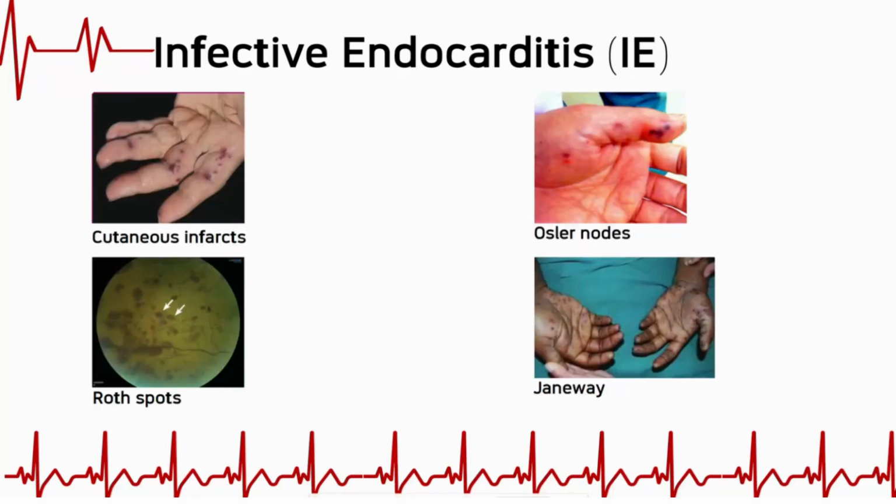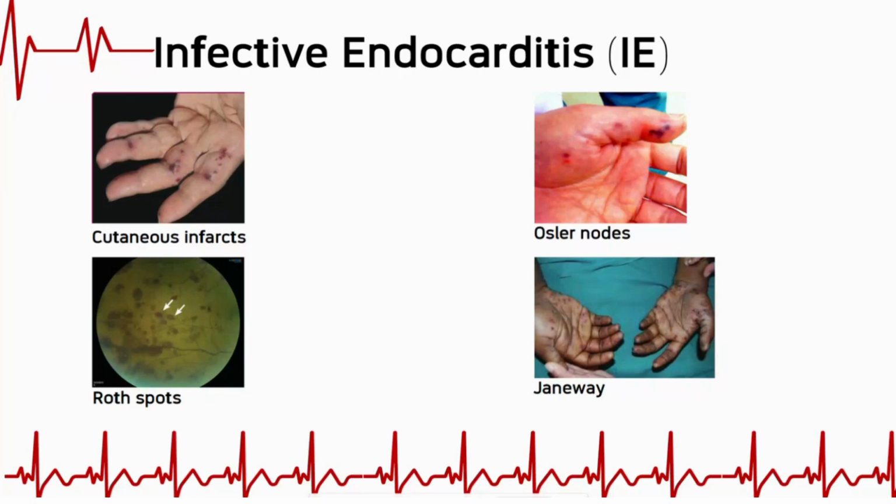Now, a couple of pictures of what we're talking about, Osler nodes and Janeway lesions. Cutaneous infarcts are essentially infarcts within the skin. Osler nodes, you can see in the nail beds, and they're kind of like these purply splinter hemorrhages.